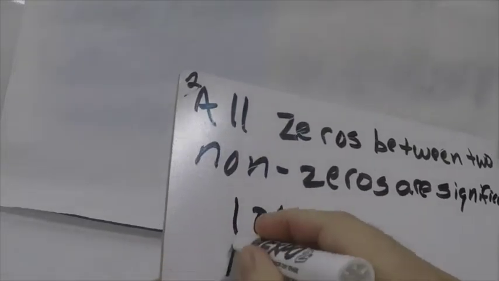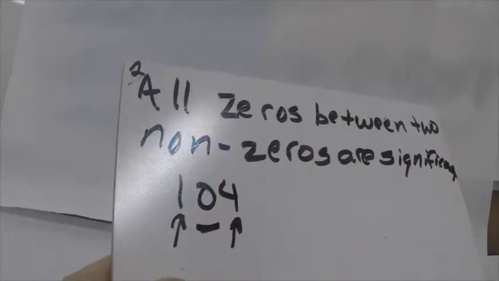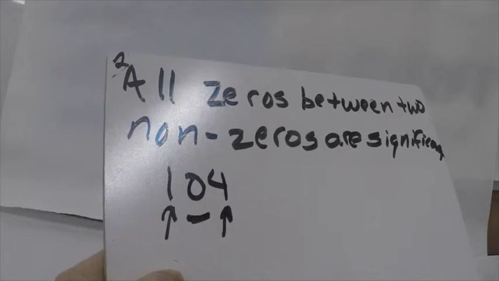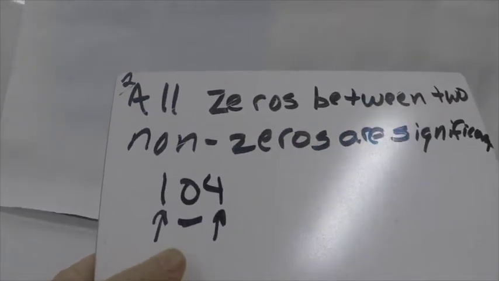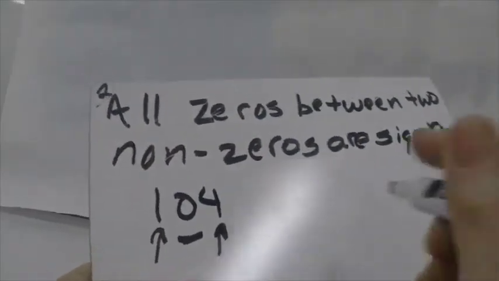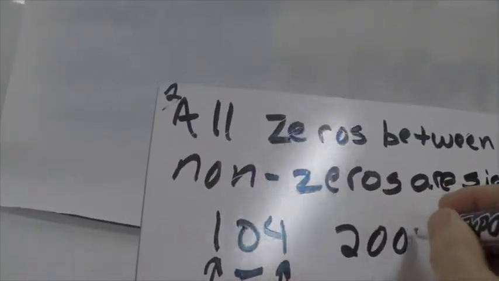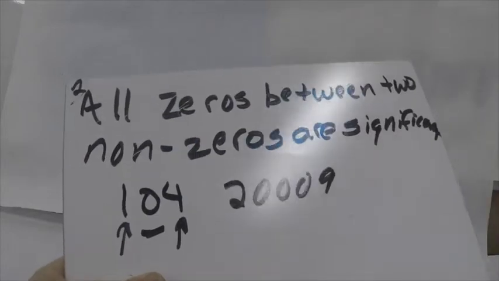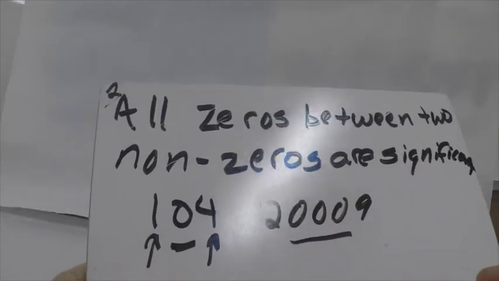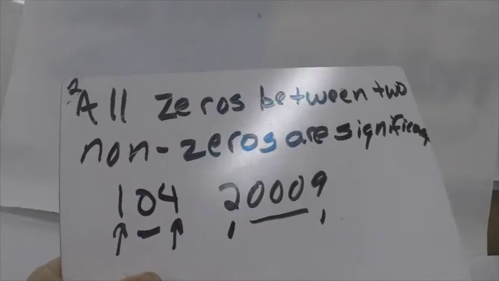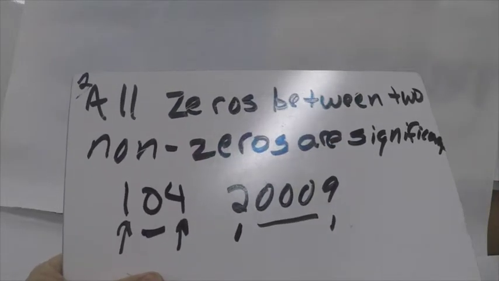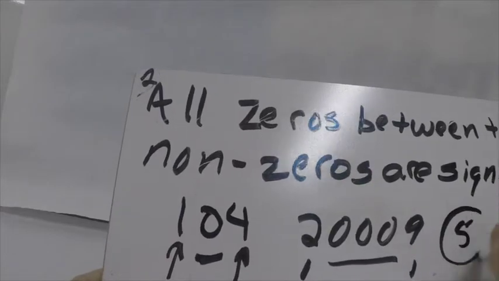Therefore, because it's between two non-zeros, it is already significant. So any number that's between two others that are significant is automatically significant. I don't care how many I have. Let's say I have 2, 0, 0, 0, 9. All of these are significant because they come somewhere in between non-zero numbers, and therefore this has 5 significant digits.